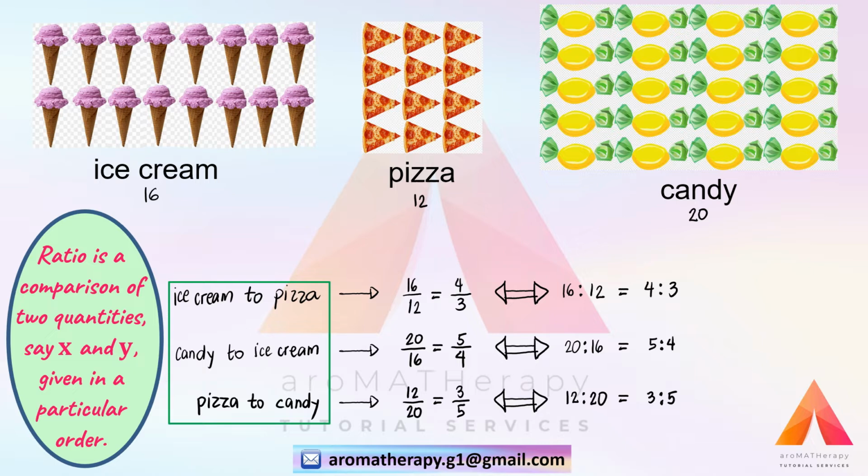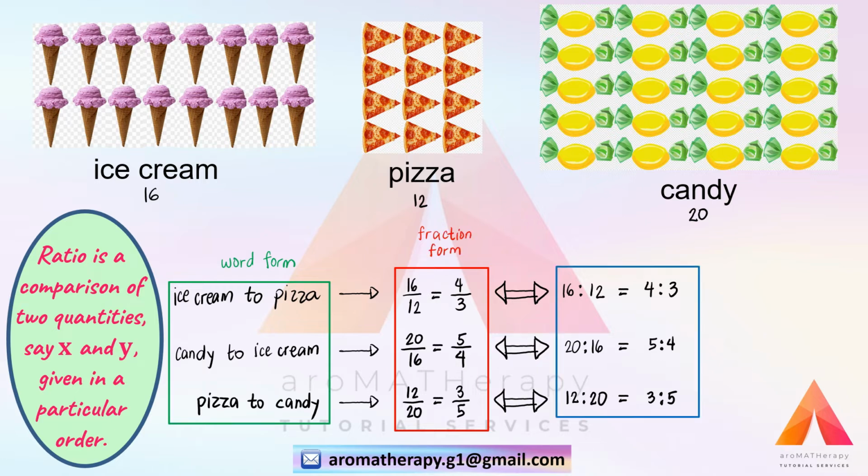And also, we can say that ratios can be expressed in three ways. First is this one, in the word form. Second is this one, the fraction form. And lastly, we have the colon form.